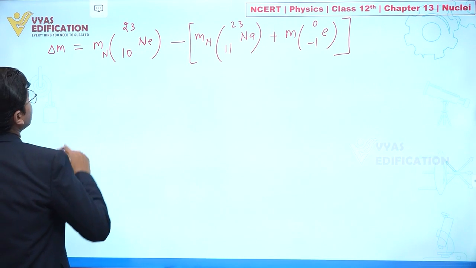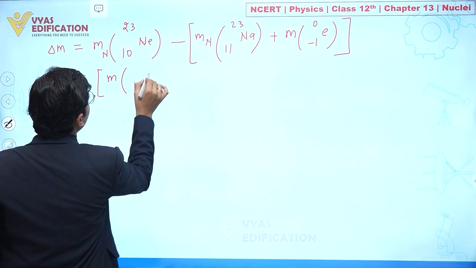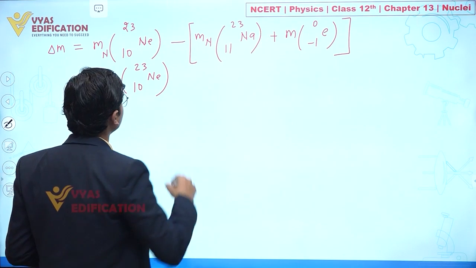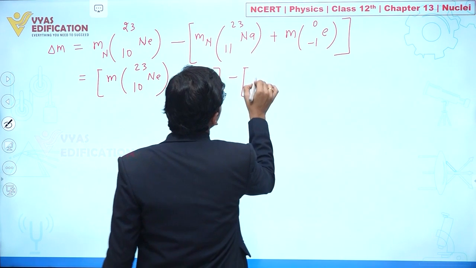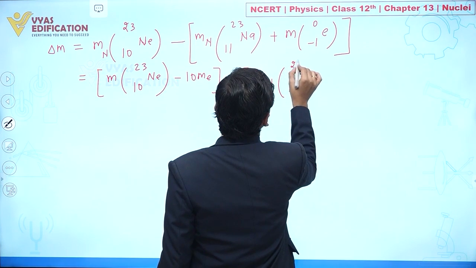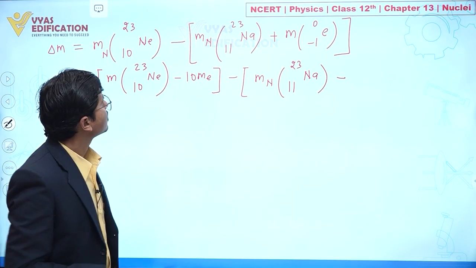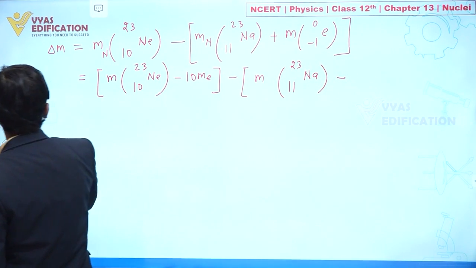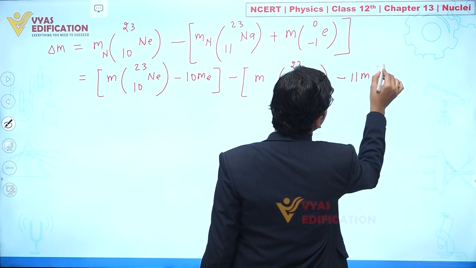Now this is the atomic mass of neon minus 10 Me, because we have 10 protons and the same number of electrons. This is Mn. Now for Na-23, I will subtract the mass of electrons, so in total we have 11 electrons.